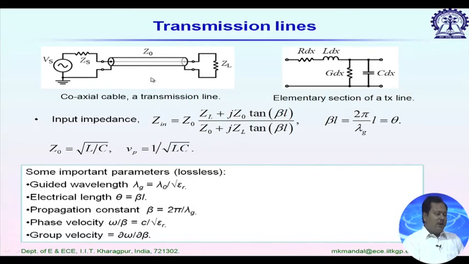Anyway, whenever we have a transmission line like this, we have some closed form expressions. For example, the guided wavelength lambda g is approximately lambda naught by root epsilon r. Electrical length we have already seen, theta is equal to beta into L, and propagation constant beta is equal to 2 pi by lambda g, phase velocity is omega by beta, and group velocity is del omega by del beta.